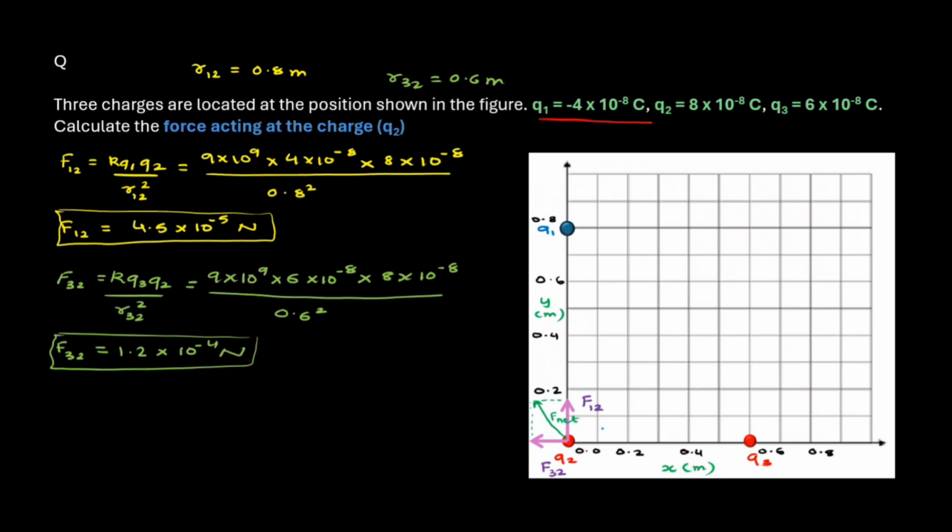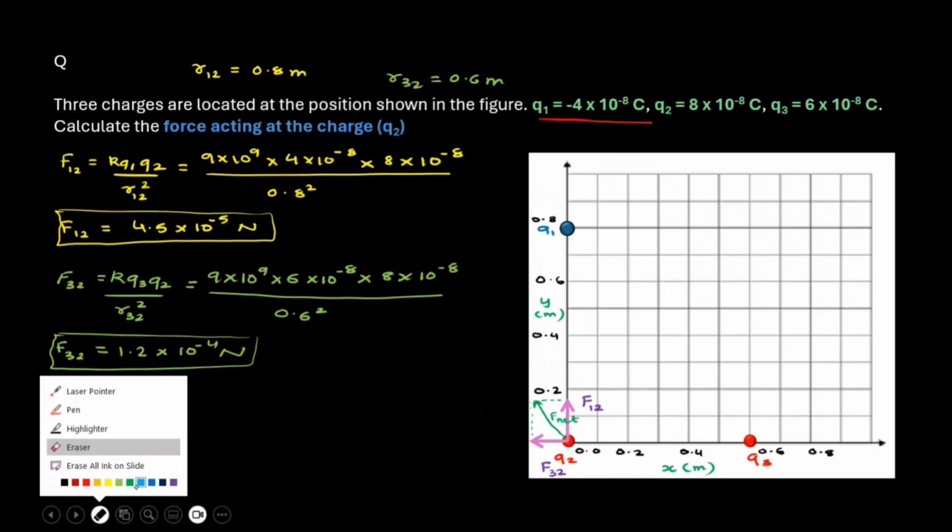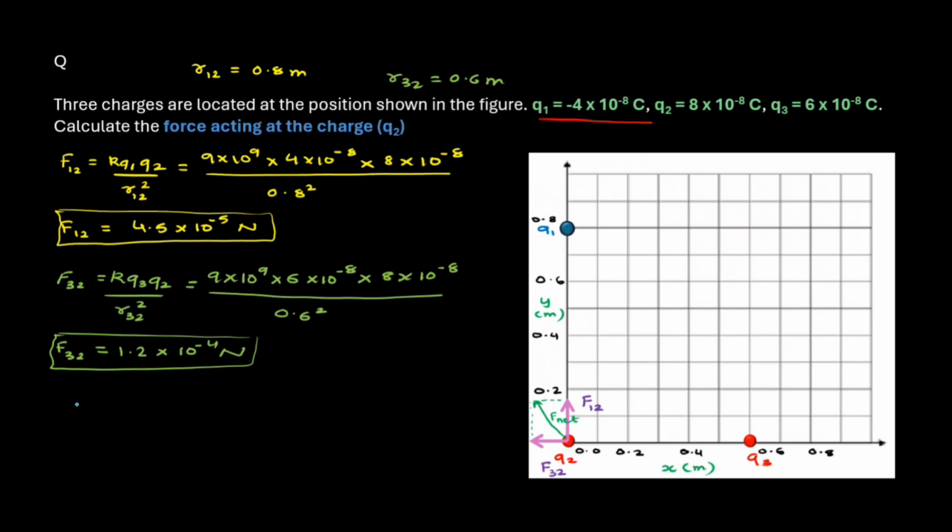Now these two forces are perpendicular to each other. And whenever two forces are perpendicular to each other, we can find their resultant by using the Pythagorean theorem. So I can find Fnet as the square root of F12 squared plus F32 squared. So let's substitute.